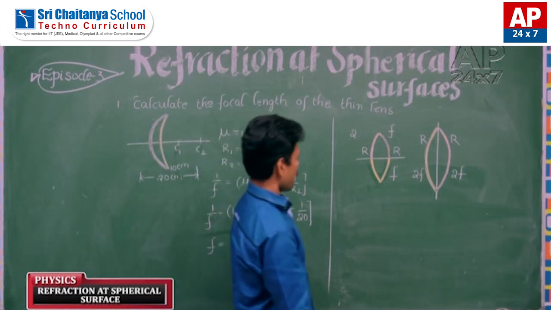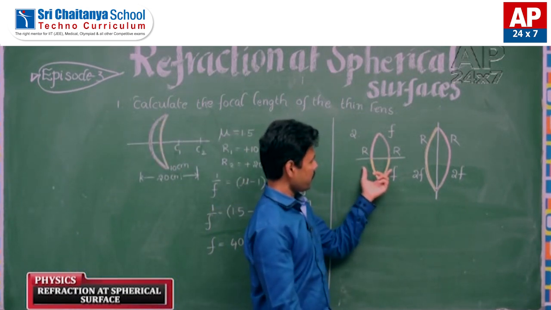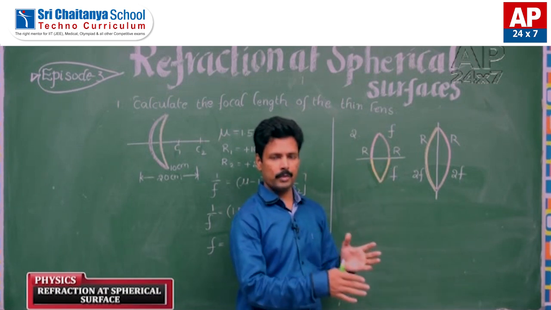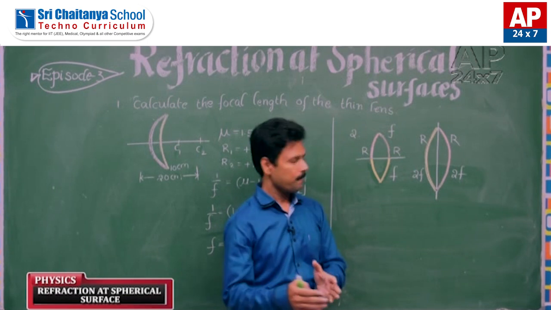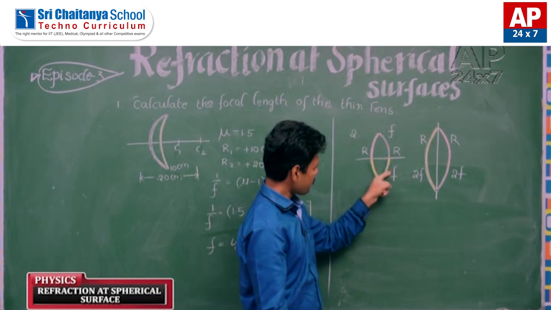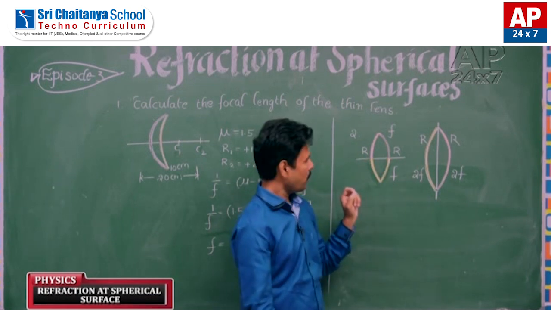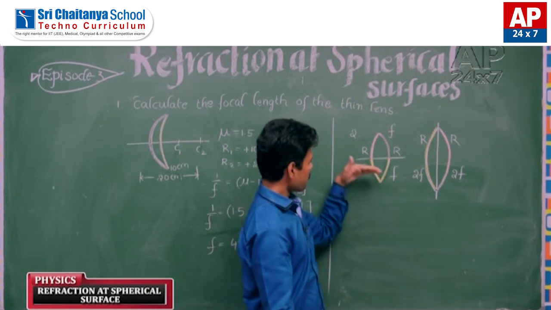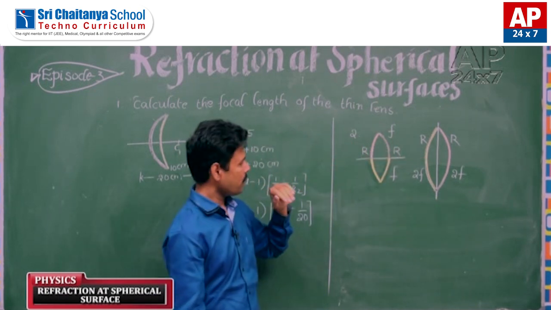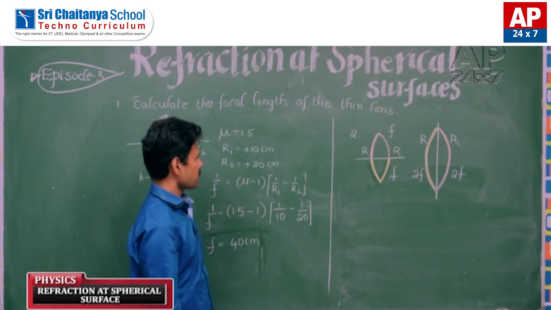Okay students, let us see the next problem. We are taking here an equiconvex lens. Its meaning is both surfaces have the same radii of curvature, so both are R only, and for this lens the focal length is F. Now what we do is cut this lens like this, along the principal axis. Then see what happens.